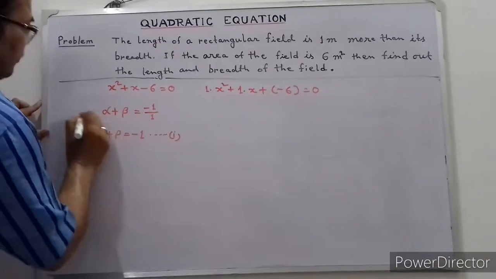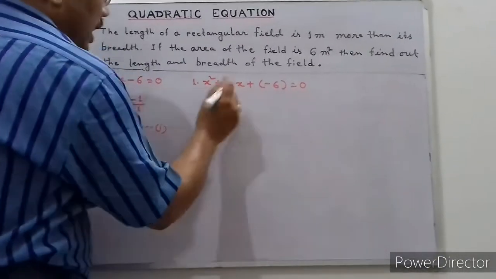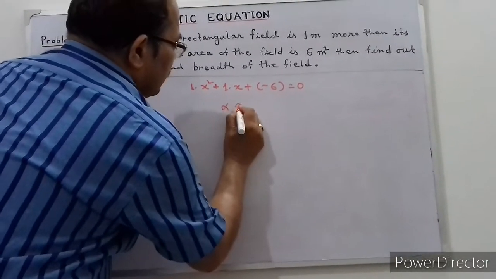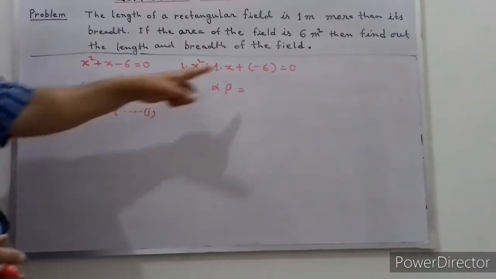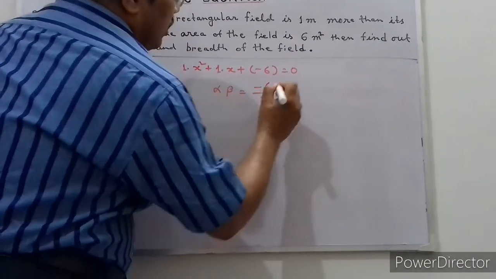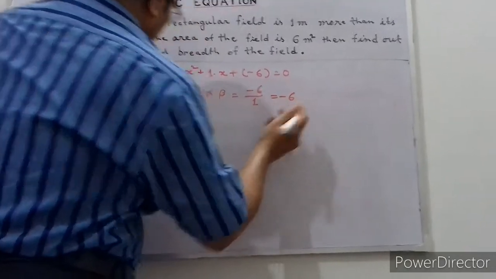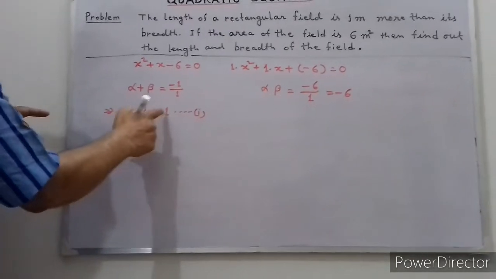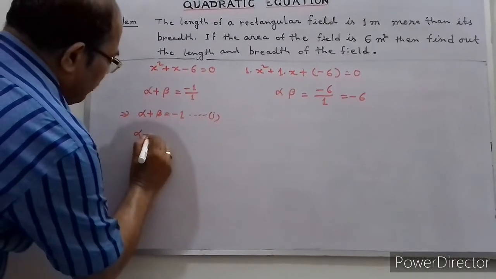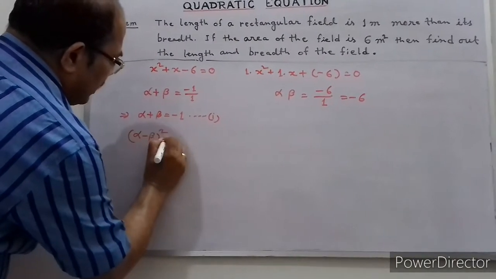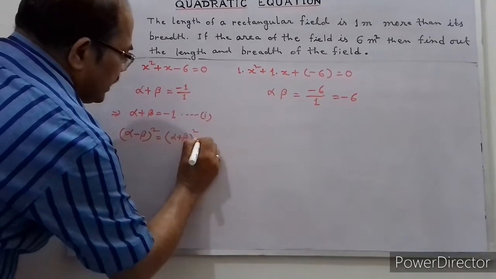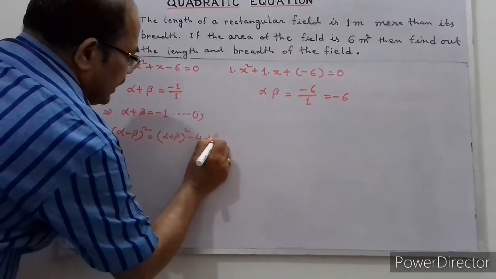Now the product of the roots, alpha beta, equals c by a, that is minus 6 by 1, or minus 6. Now if alpha plus beta equals minus 1, then what is alpha minus beta? Now alpha minus beta whole square equals whole square of alpha plus beta minus 4 alpha beta, right?